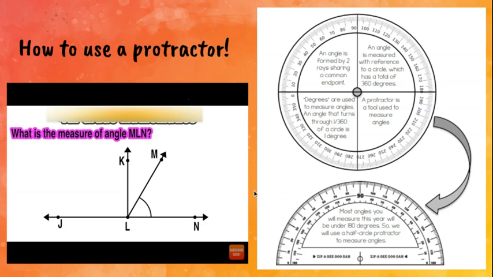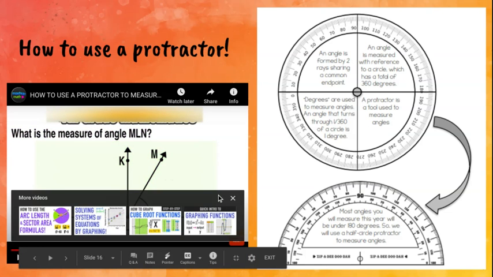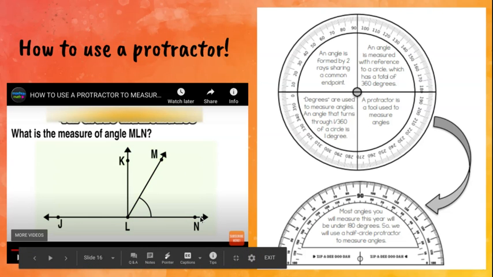So here we want to know what is the measure of angle MLN. So the first thing that we want to do is identify that. What they're saying is they're looking at this whole angle right here.